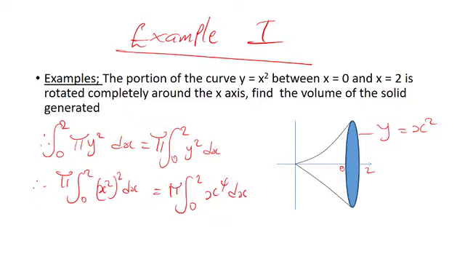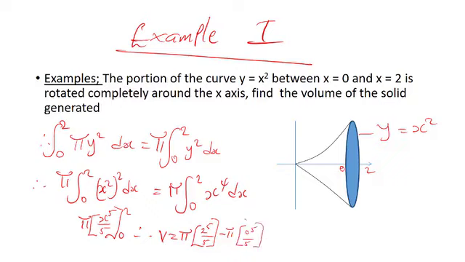Now we can integrate this function, x raised to power 4. It becomes pi times, if you integrate x raised to power 4, you have x to the 5 over 5, between 2 and 0. So with our rule, the volume is equal to pi times 2 raised to power 5 over 5 minus pi times 0 raised to power 5 over 5.